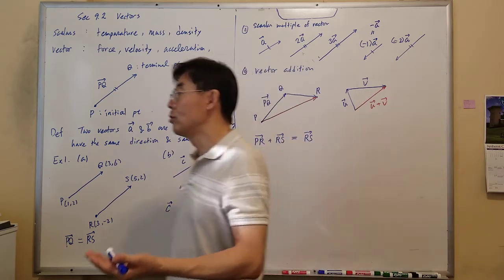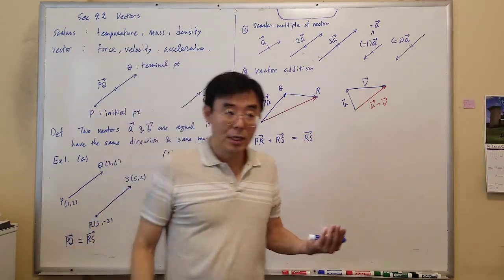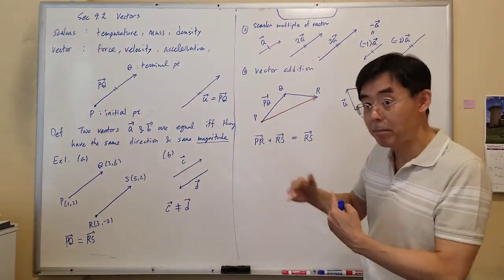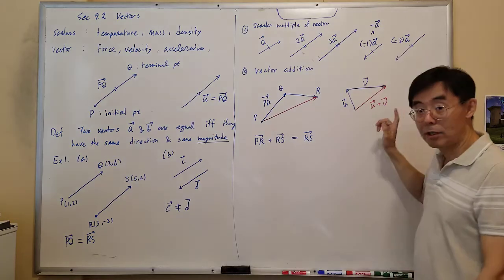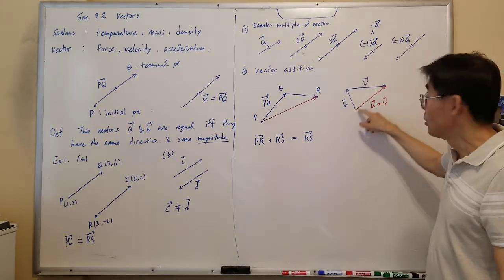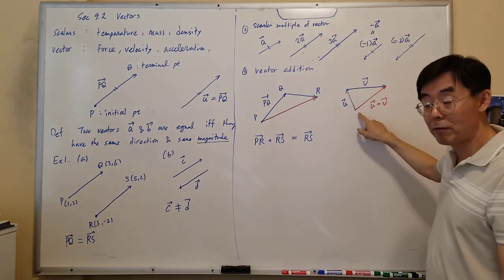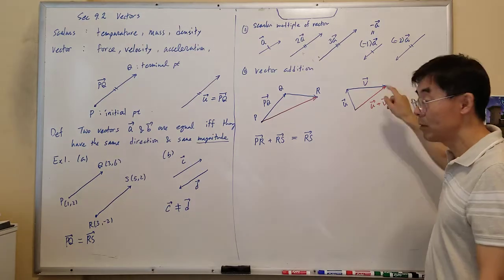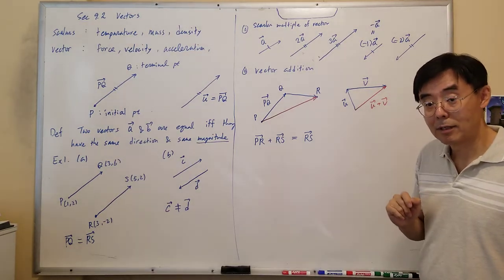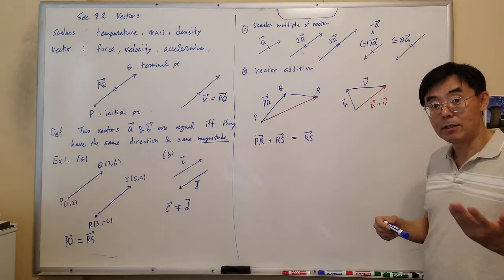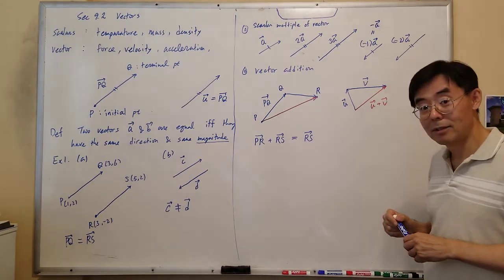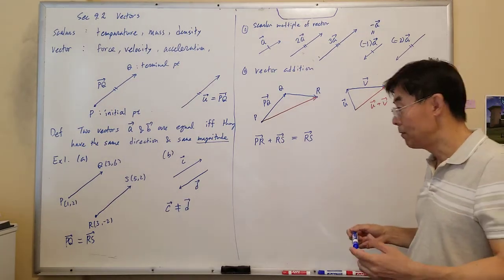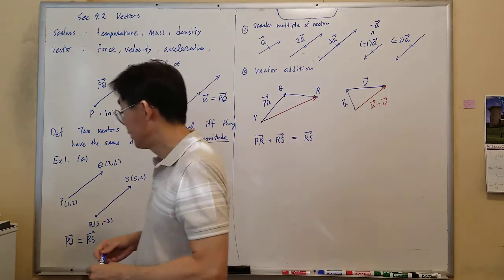So if you want to add 2 vectors, you just put the 2 vectors back to back, and then you connect from the very initial point of the first vector you're adding to the terminal point of the second vector. Then it'll be the vector sum of the 2 vectors. Alright? That's how we define the sum of 2 vectors.